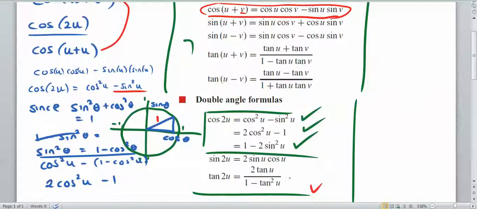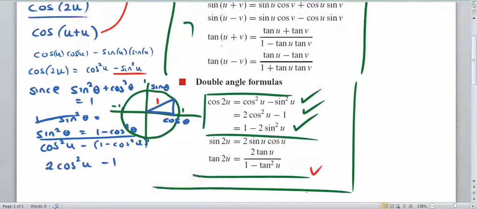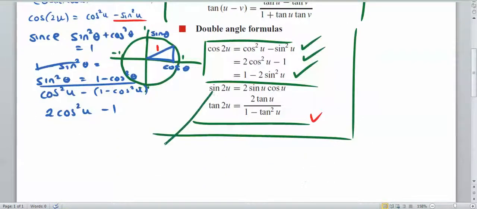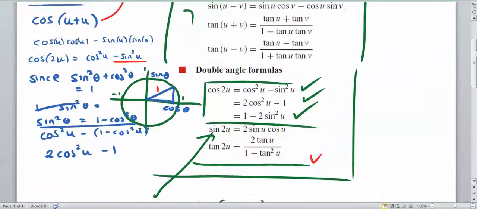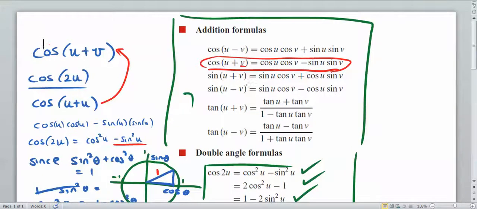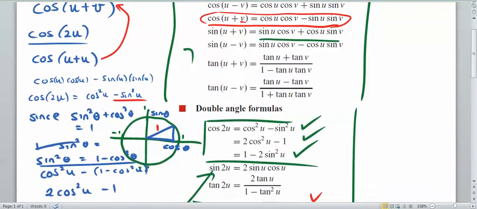And look, to be honest, I could go ahead and do the same thing over here. We've got sine of 2u. Well, sine of 2u is equal to the sine of u plus u. And using our addition formula up here, we can say that that's going to be sine of u cos of u plus cos of u sine of u.